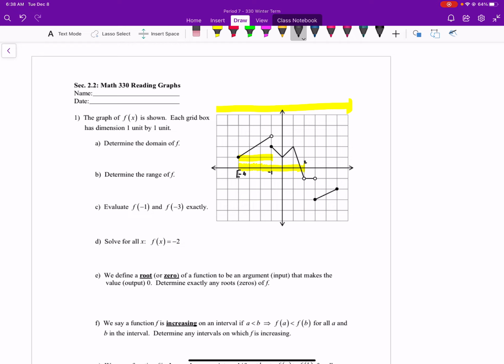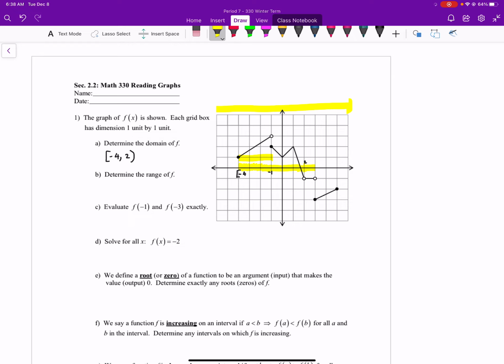I can break the domain now. So I have -4, and it went all the way to 2 with a regular parenthesis because it was an open circle. Then I'm going to scan again and keep going.